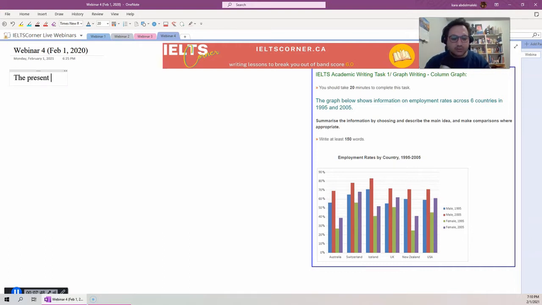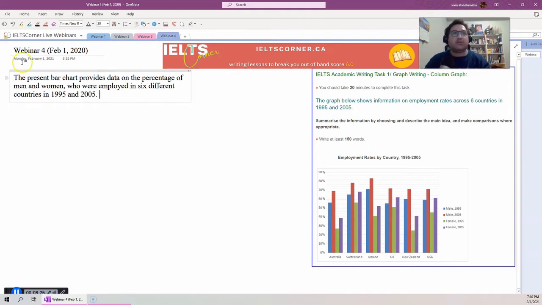The present bar chart provides data on the percentage of men and women who were employed in 6 different countries in 1995 and 2005.